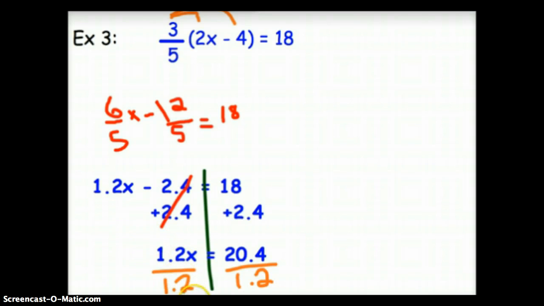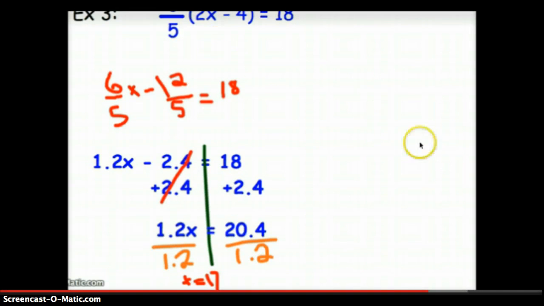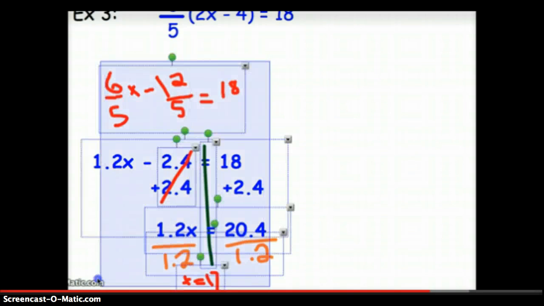And we get an x value of 17. Not impossible, but definitely not the easiest way that we can work through this problem. Our second option is much, much nicer in my opinion.